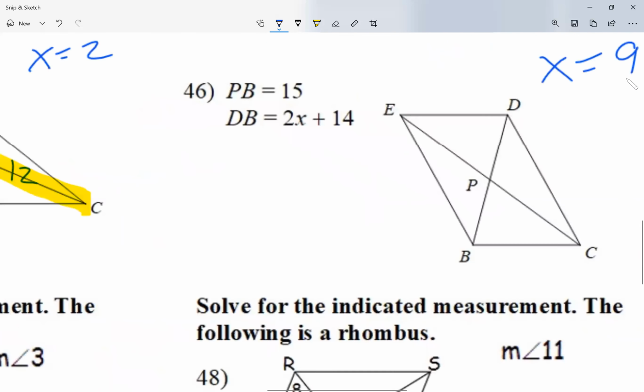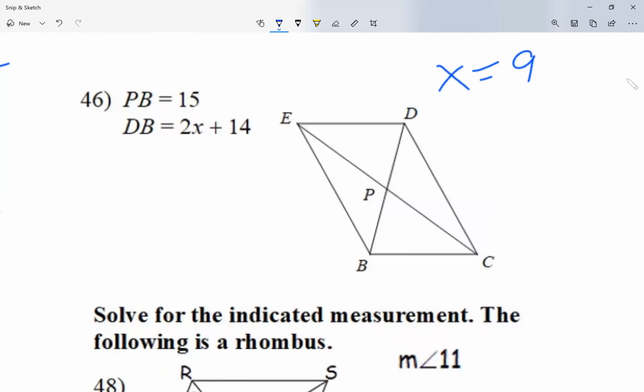Now let's take a look at number 46. Let me take a look at the information that is all numerical. So PB is 15. This is 15. This is 15. And then I got to ask myself, DB is equal to 2x plus 14. DB seems to be the whole thing.